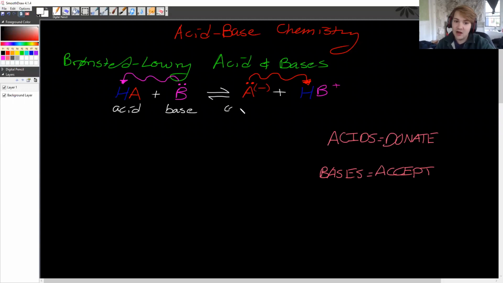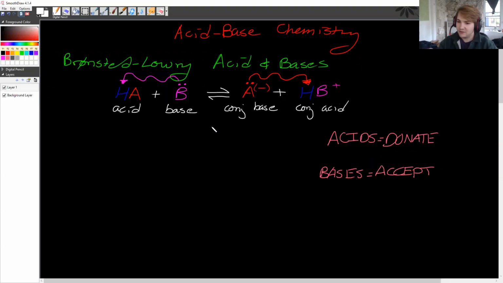So this is the conjugate base of the original acid. And because HB is donating to the A, it's the conjugate acid of the original base species. So you're always going to have this double pairing going on. Acid and base, conjugate acid. And so we can always, always, always set up this pairing.